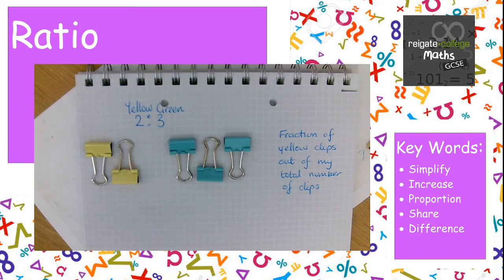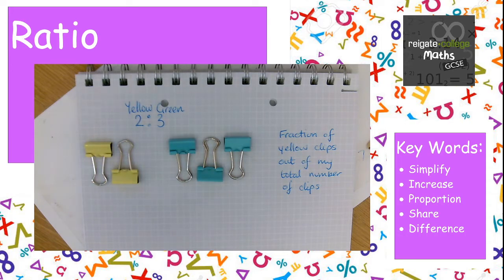To understand how to turn a ratio into a fraction, it's probably easier to look at my clip situation again. Here I have my ratio of yellow clips to green clips in a ratio of 2 to 3. But I want to know what is the fraction of yellow clips out of my total number of clips.